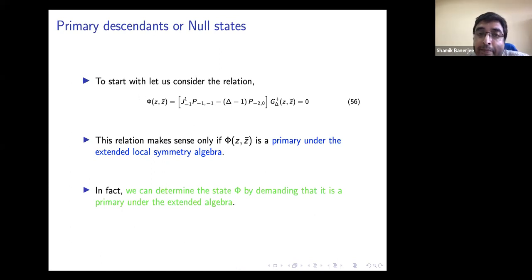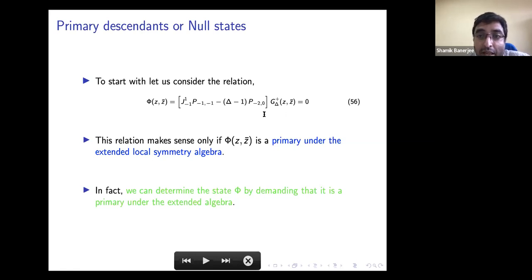But they must be null actually. That is what the S matrix will tell us. We have not been able to show purely algebraically that they are null, because we still don't have any notion of norm. But what we have shown is that they are primary descendants.